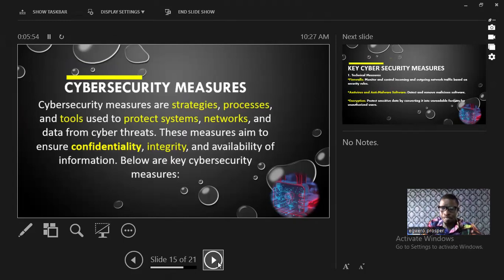Now, if we are saying that in cybersecurity there is what we call an intrusion detection system, what do you think that will be? Something that we detect, that we identify those threats, right? The intruders.